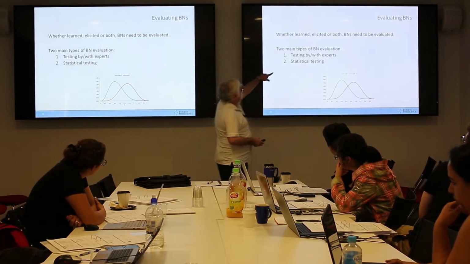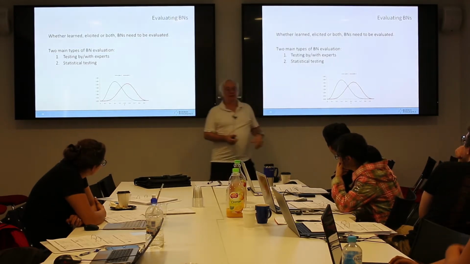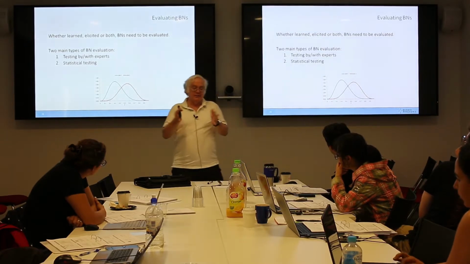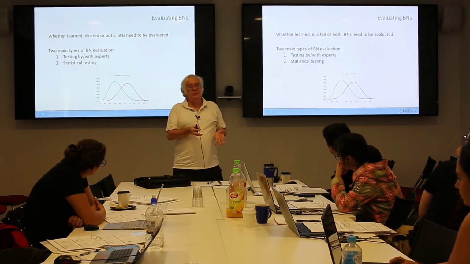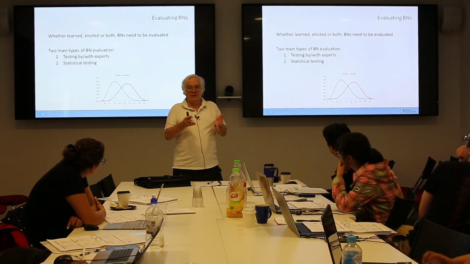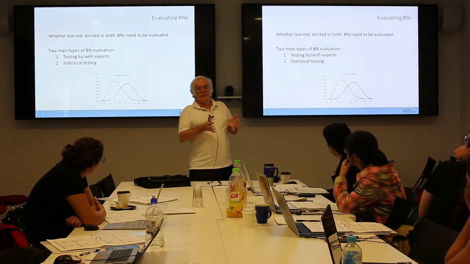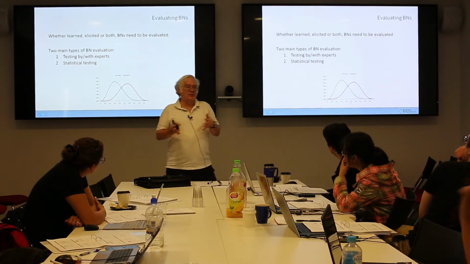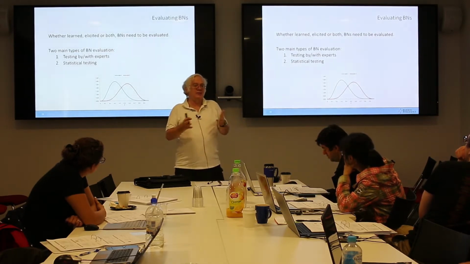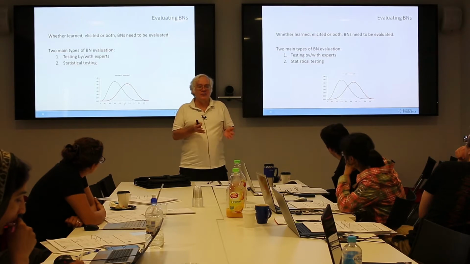Okay, and there's also testing with experts. So if you have a network that you've learned from real data about a real problem, you can take it to an expert and ask their opinion. You can ask that opinion in naive ways or in slightly more sophisticated ways. So there's face validity: does this roughly look sensible to you?